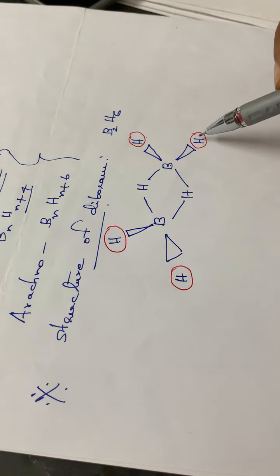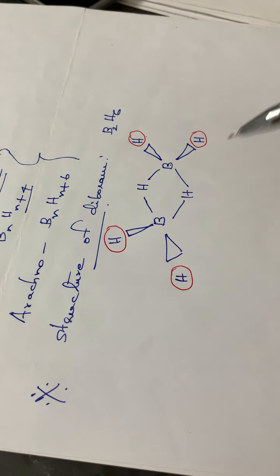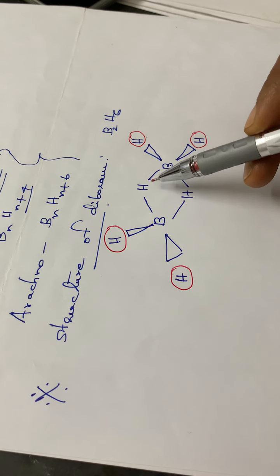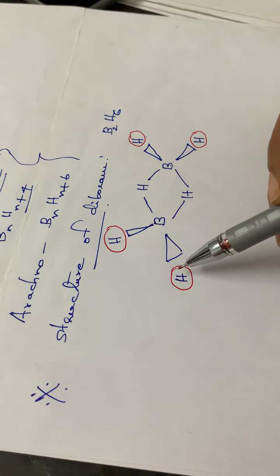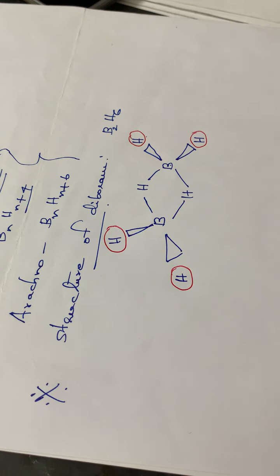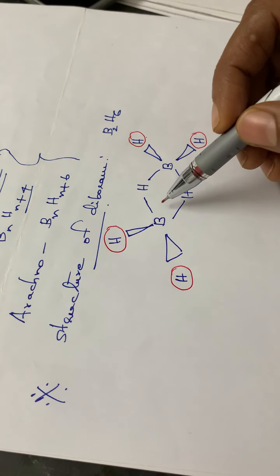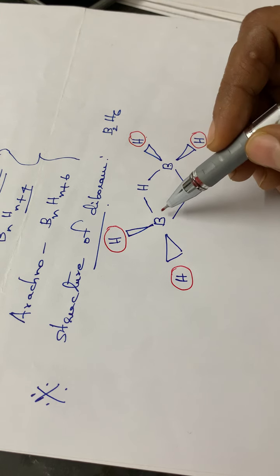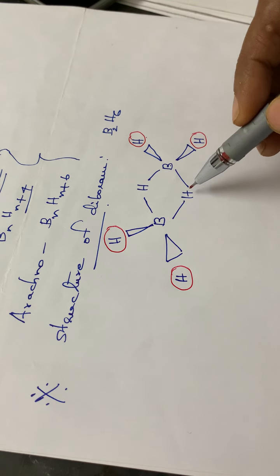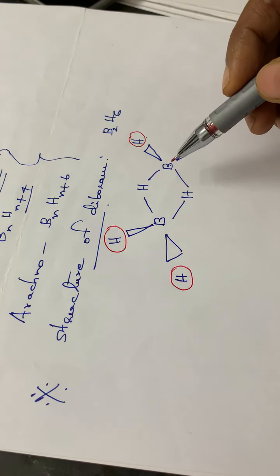Okay, so these 4 hydrogen atoms lie in a different plane, and the 2 hydrogens and 2 borons lie in another plane. These 4 hydrogen atoms are perpendicular to this particular plane. Here these 2 hydrogen atoms are bridging hydrogen atoms. That means it forms a bridge-like structure in the case of this molecule B2H6.